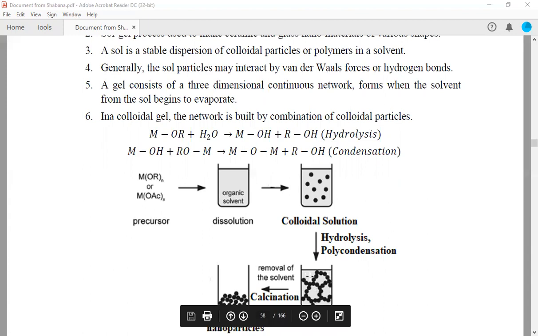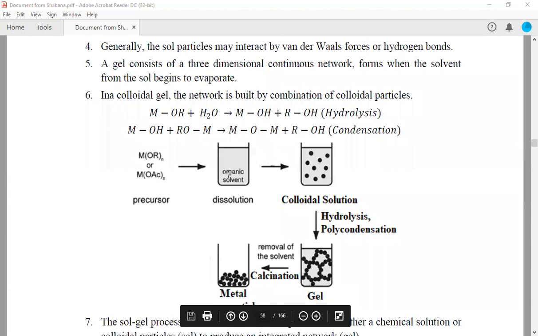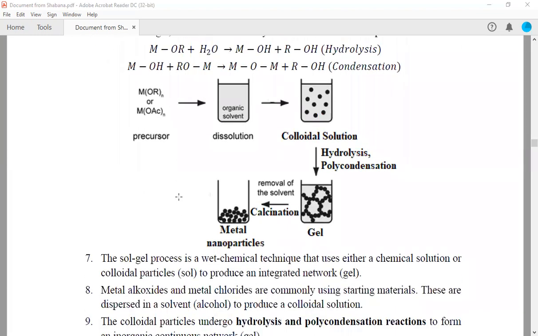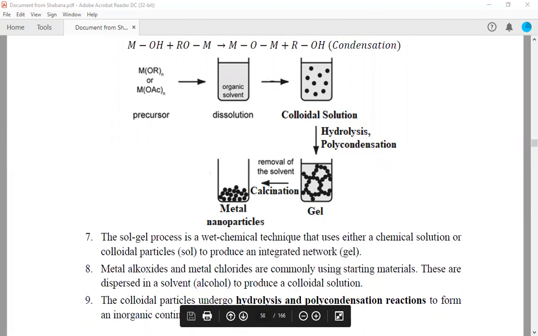So this is the sol gel method, in which the metal is extracted from the precursors, metal oxides and metal chlorides. That's why the sol gel process is known as a wet chemical technique that uses either a chemical solution or colloidal particles to produce an integrated network, which is known as the gel.